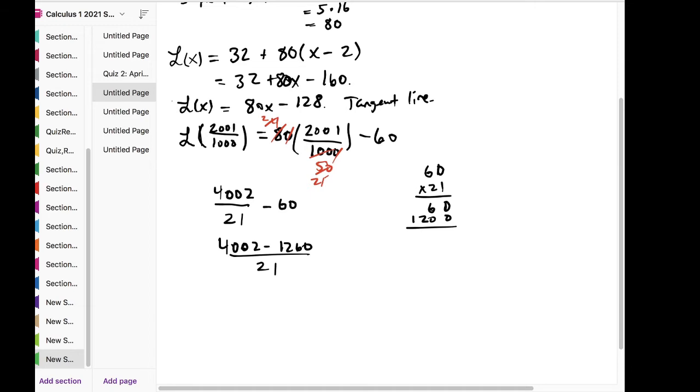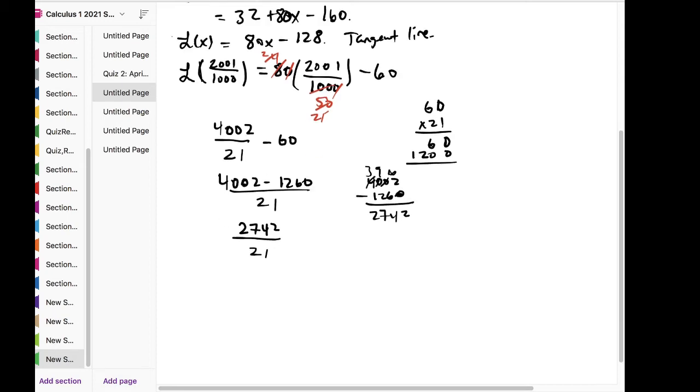And then what is that? 2742 over 21. And when you plug it into the calculator, that's around 32.08.